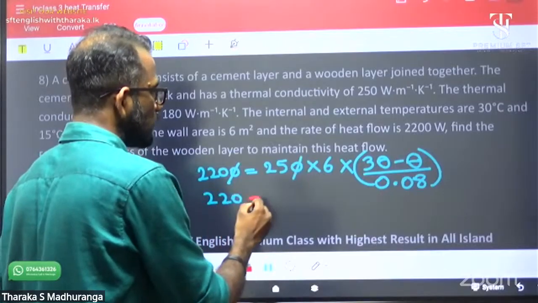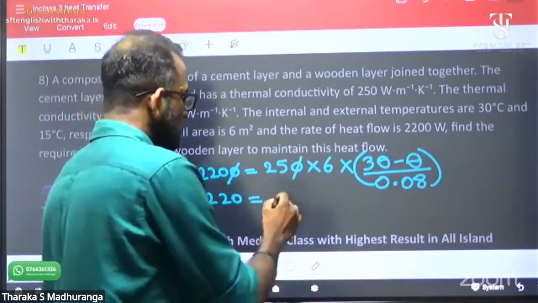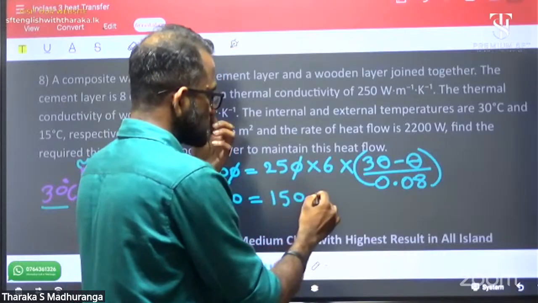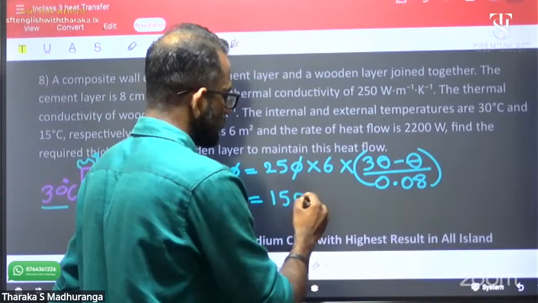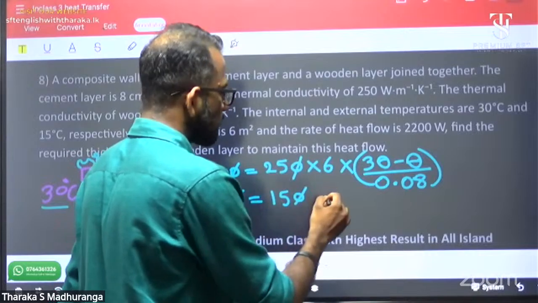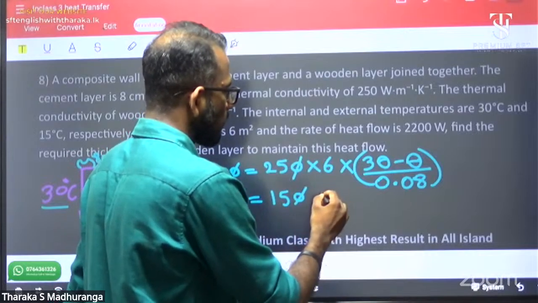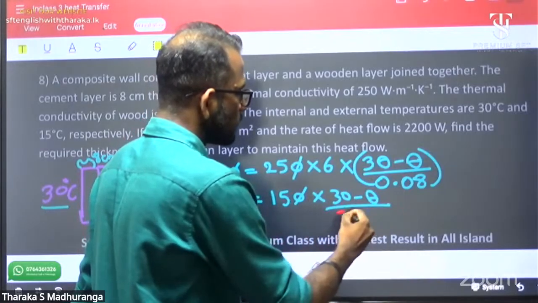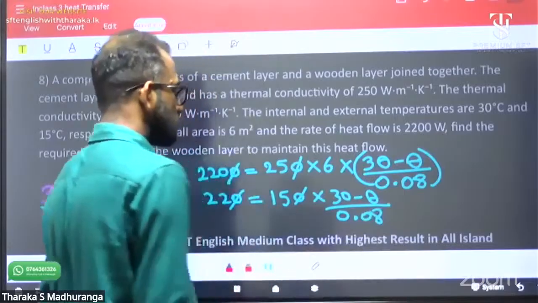So 2200 equals 250 times 6 over 0.08, 0 cancel, times 30 minus theta divided by 0.08.